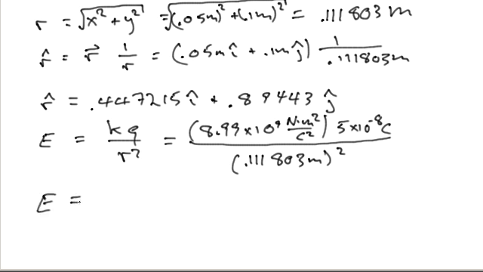So E, for this case, the scalar component of the electric field in the r hat direction, is 35960.26. Well, I only had 3, 6 there, 2, 4, 5, so let's call that 35960.3 newtons per coulomb.